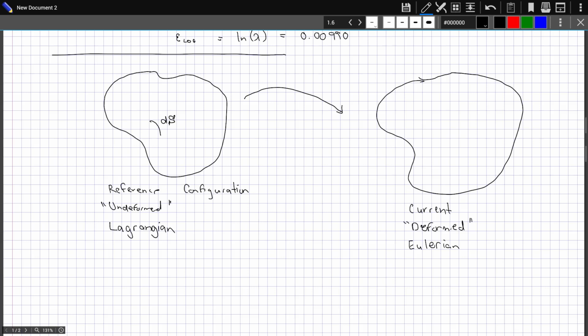So if I can track a line segment from the reference configuration and then the same exact line segment in the current configuration, I'm always going to try to use uppercase symbols for things in the reference configuration and lowercase symbols for things in the current configuration.